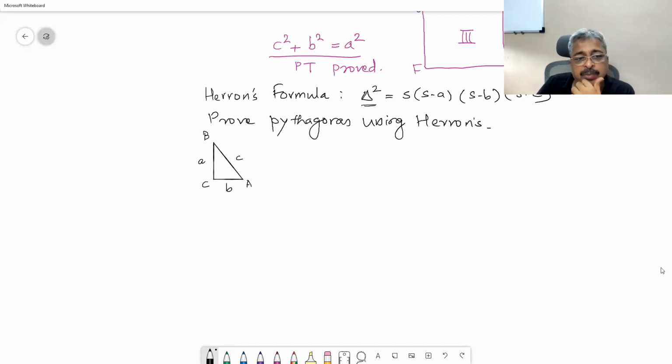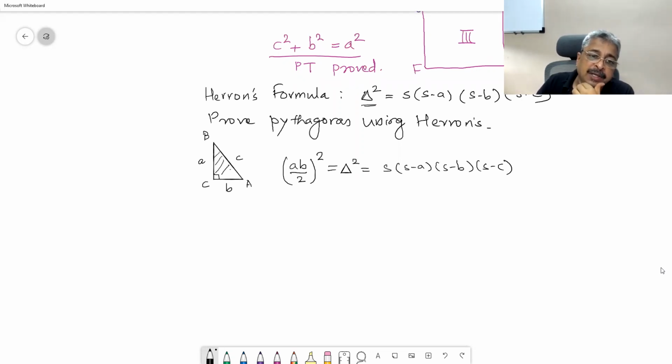One way is base into height, that is AB by 2. You can square this, that is delta square, which is equal to S into S minus A into S minus B into S minus C. So measuring the same quantity in two different ways is the principle with which we will get an identity.